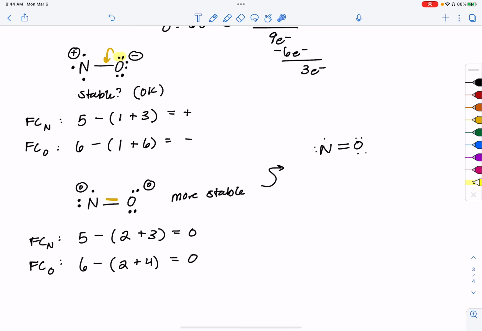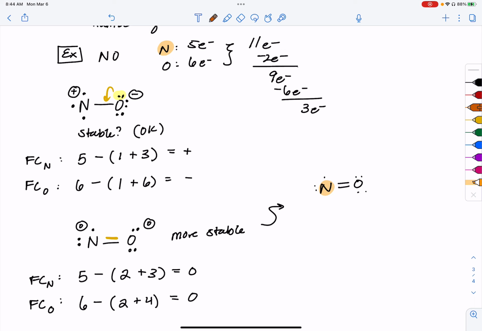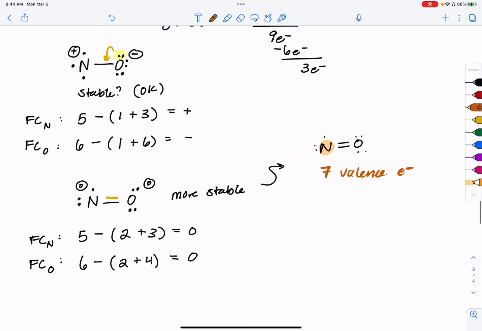And it's because of that initial odd number of valence electrons on the nitrogen that we have this odd number of valence electrons in our Lewis dot structure surrounding that nitrogen atom. And this is the best we can do. So this is an exception to octet.